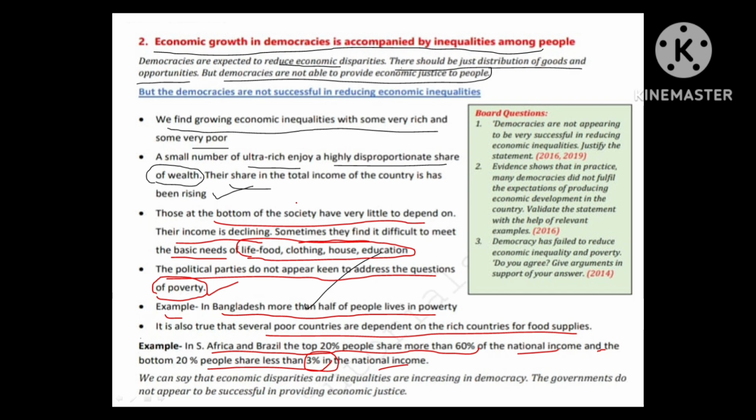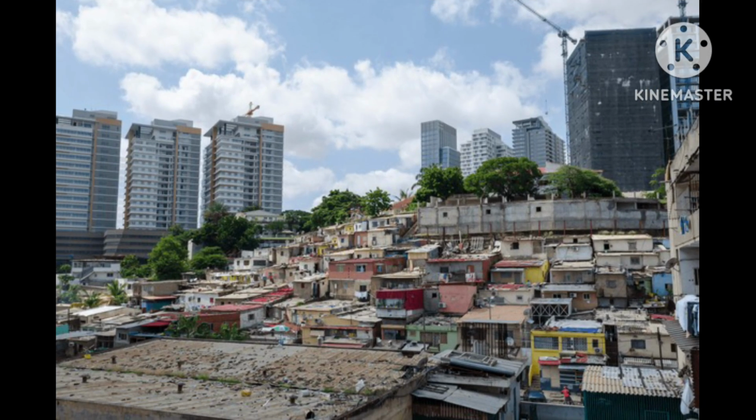Presently we are seeing in society that downtrodden people who are poor become poorer and the rich become richer. Let me discuss these reasons in the economics chapter later. A small number of ultra rich, like businessmen, enjoy a highly disproportionate share of the wealth. The majority of the wealth is enjoyed by a minority of people, while the majority enjoy only a small amount of income.